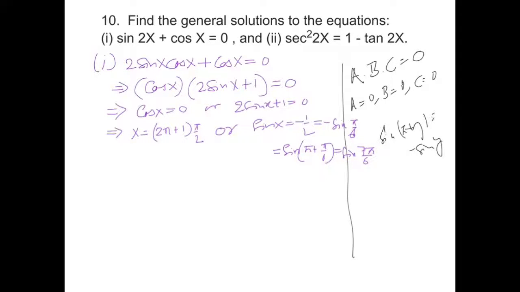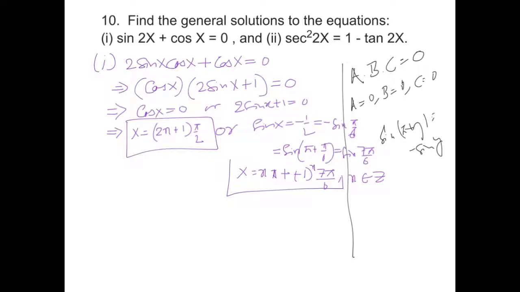So we have got our equation sine x equals sine 7 pi by 6, and we know that the general solution to that equation is x equals n pi plus minus 1 raised to the power n times 7 pi by 6, where n belongs to the set of integers. Therefore these two are the possible general solutions to the first equation.